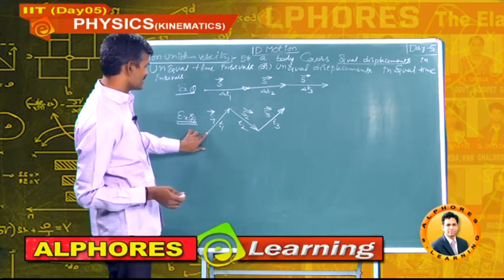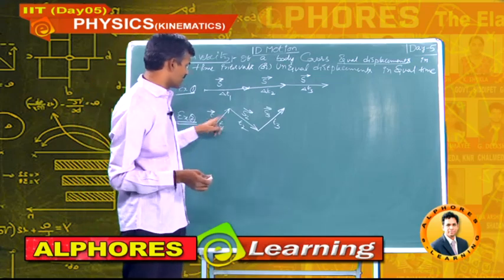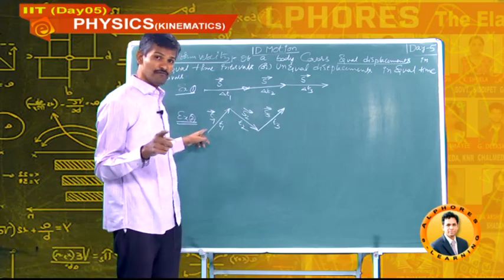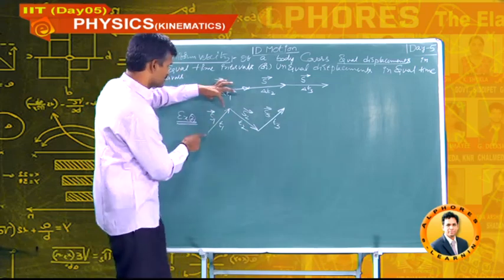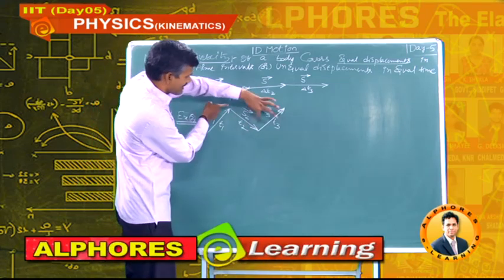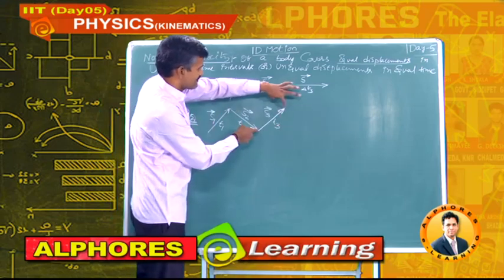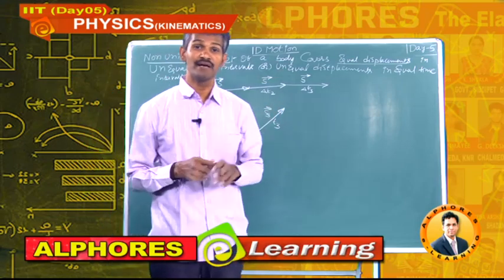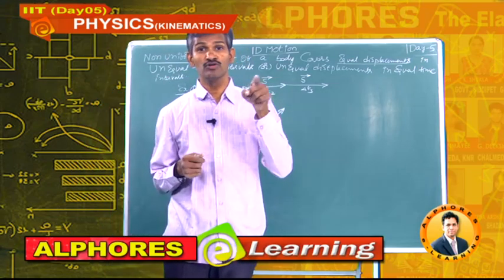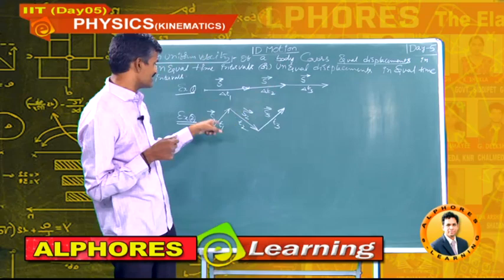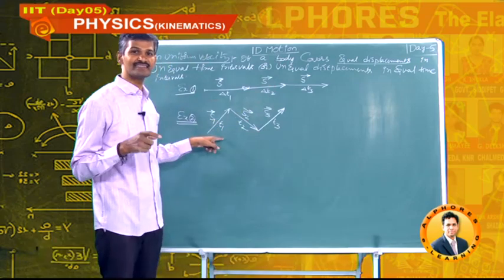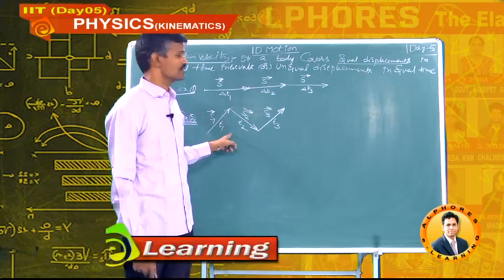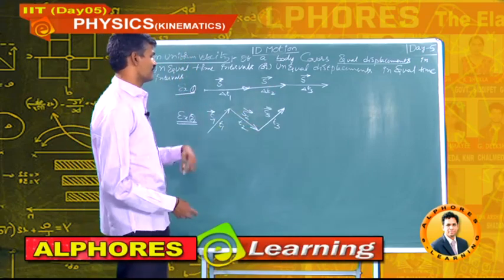Here I am considering vectors of equal magnitude but different directions. This length is approximately the same as this length and approximately the same as this length. So, here the magnitude is the same but the direction is different, even though we have to say this type of motion is a non-uniform velocity. The body is moving with a non-uniform velocity.